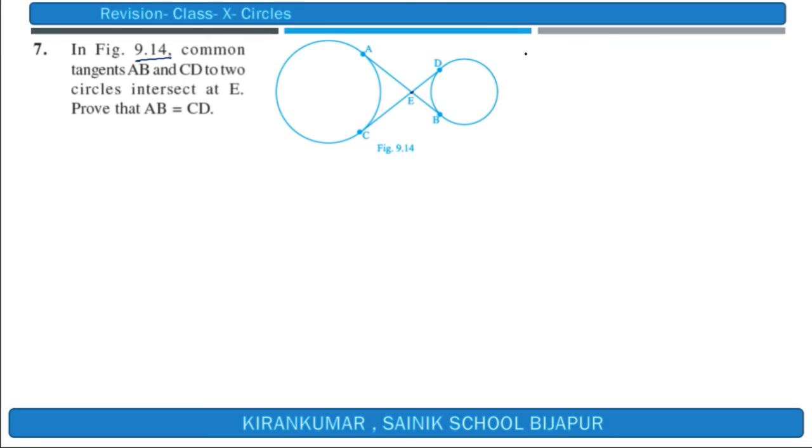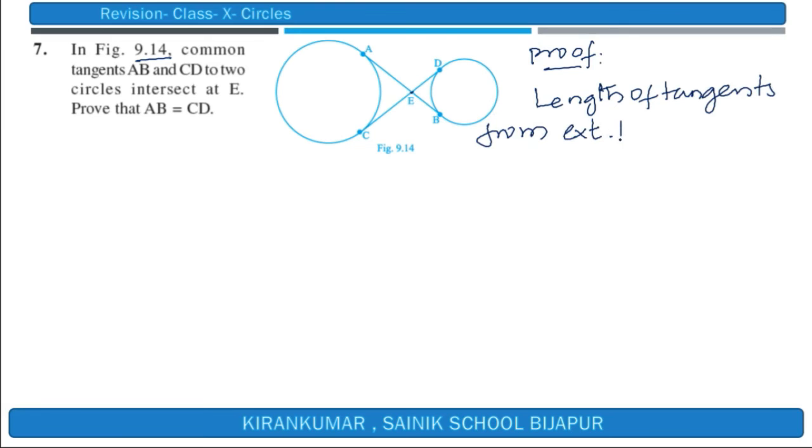We know that the length of tangents from a point exterior are equal. Length of tangents from external point are equal. This implies the length of EA will be equal to the length of EC.